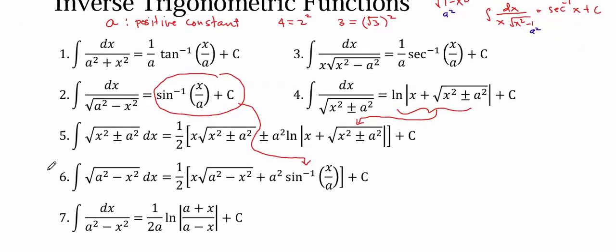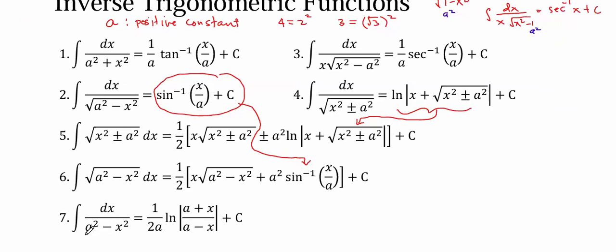And then number 7: what if this is a difference? This is now equal to 1 over twice a times ln of (a plus x) over (a minus x).